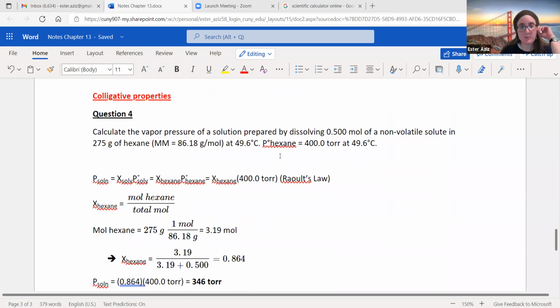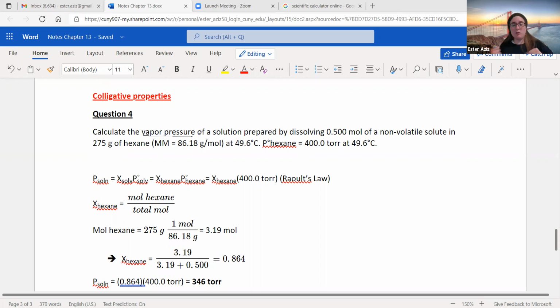Okay, so now we're going to talk about colligative properties. Colligative properties are those properties that are affected by the presence of a solute in a certain solvent. For example, one of the colligative properties involves vapor pressure.